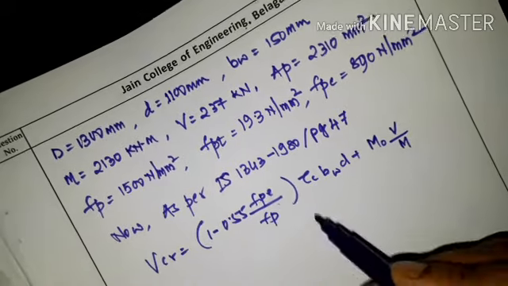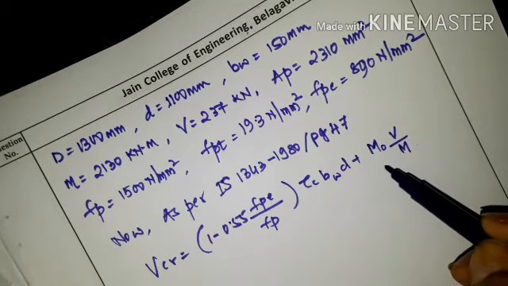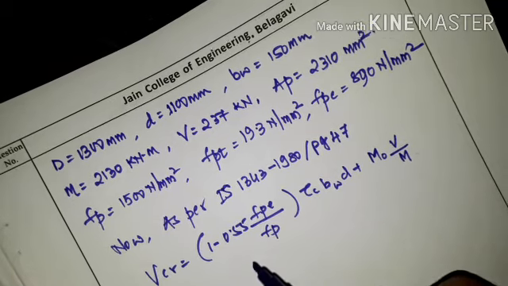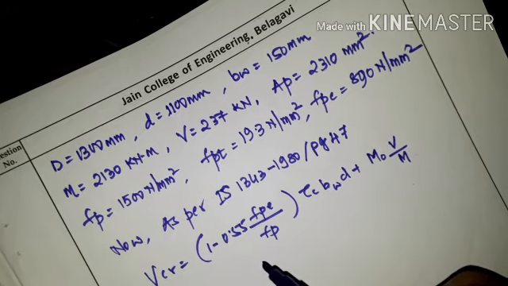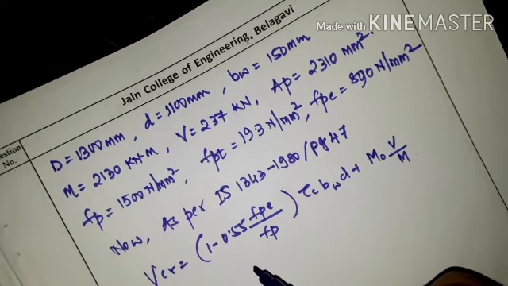You can see here fp, M naught, M. It was not mentioned in the previous problem, but here in this problem it is mentioned, so you have to refer to this formula. Check the given data and the statement of the problem, then refer to either the first formula or the second with respect to that.